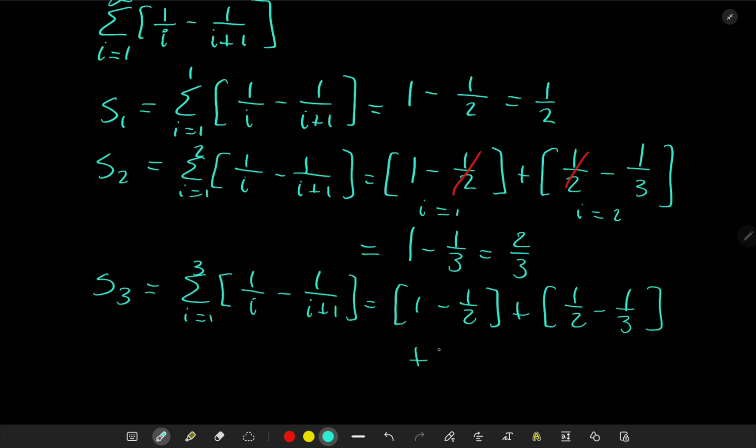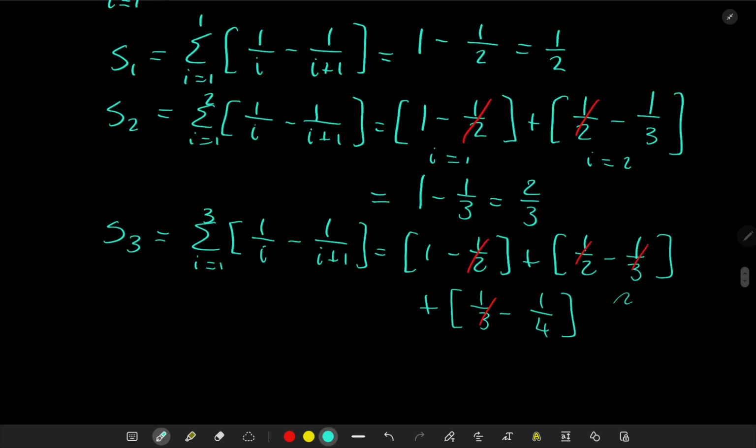And then the third term, when i is equal to 3, 1 over 3 minus 1 over 3 plus 1, minus 1/4. And you'll see that the middle terms are going to cancel: 1 half with negative 1 half, negative 1/3 with 1/3, and that's going to be 1 minus 1/4, which is 3/4.